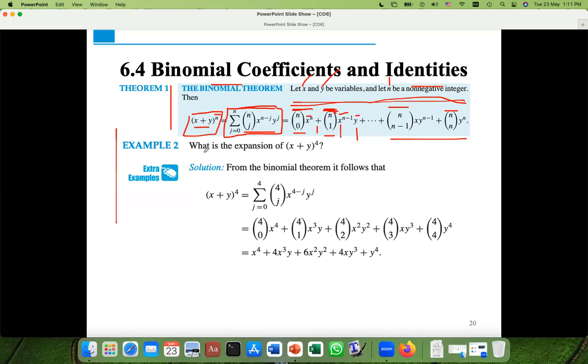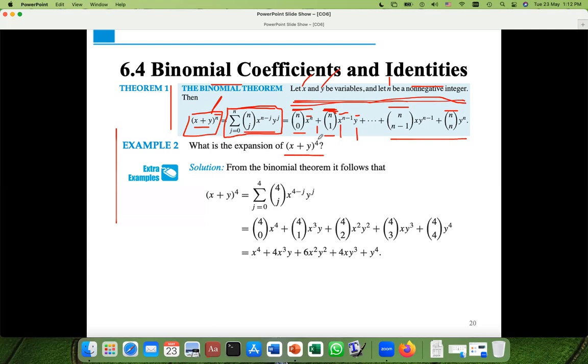Now for an example, what is the expansion of x plus y raised power 4? So now this is the question. As we already know that this is called expansion, now you know how you can expand it. This is very close to the form of this binomial theorem: x plus y raised power n, and here we have x plus y raised power 4.